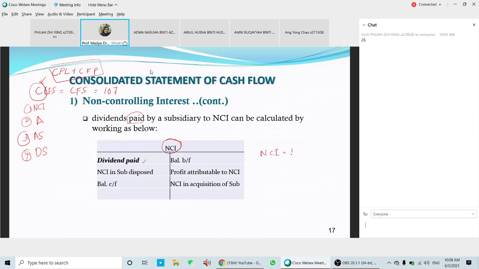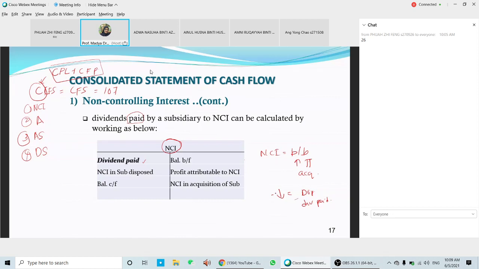We start with the beginning balance, and then it is going to be increased due to the profit, the profit that is shared, attributable to NCI, and also the acquisition. That one will be increased. And then the amount of NCI is going to be reduced due to the NCI disposal of the subsidiary and also the dividends paid. So two things are going to reduce.